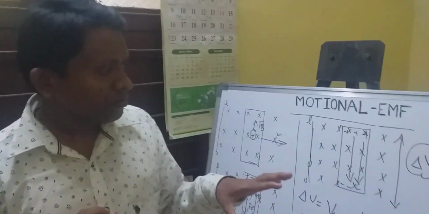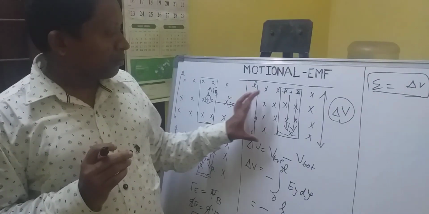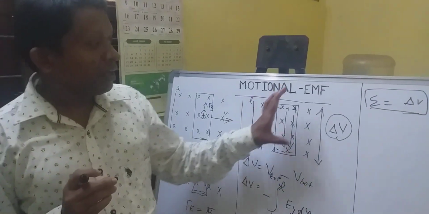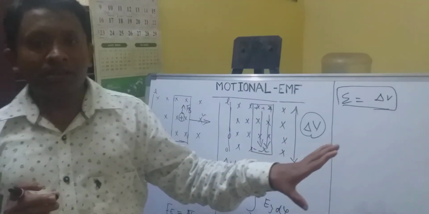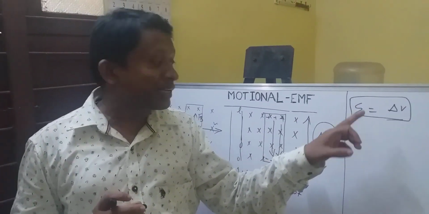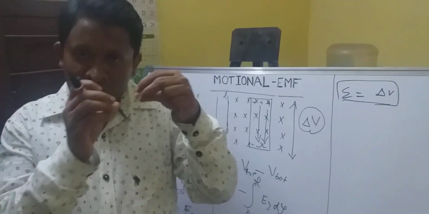If we analyze this, the moving conductor in a magnetic field acts like a battery. In the ideal battery, this EMF is created due to chemical EMF, which is the charge separation work done per charge.